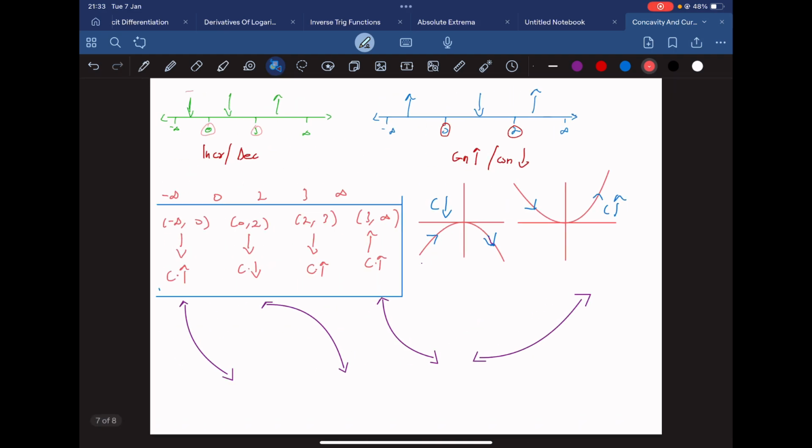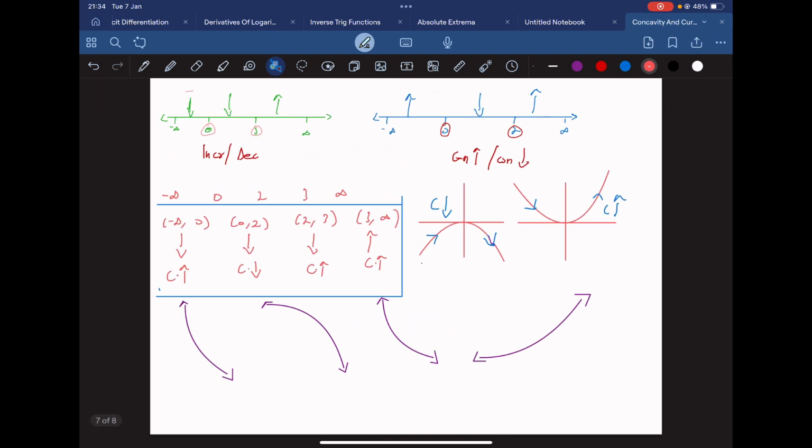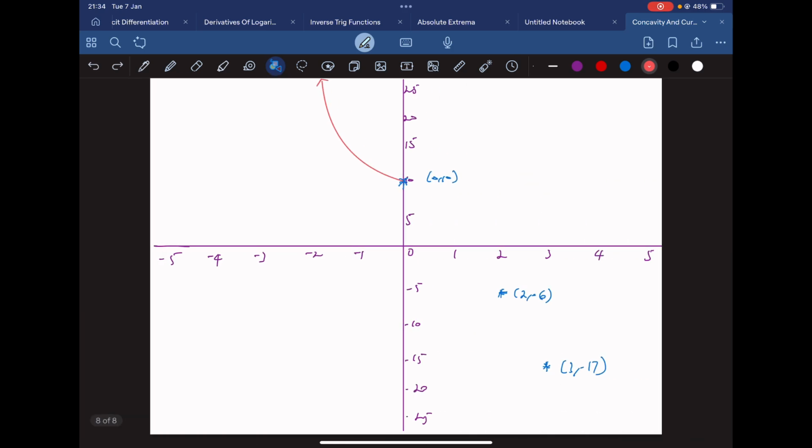You see how it looks. So we have something like this here. And now from 0 to 2, it goes down like this.